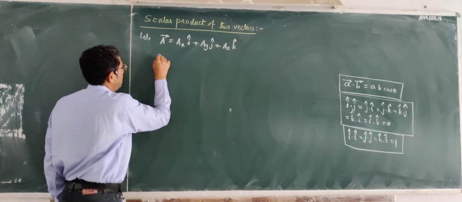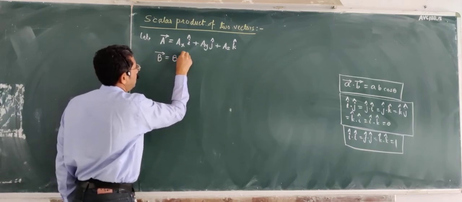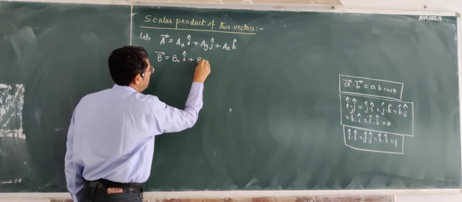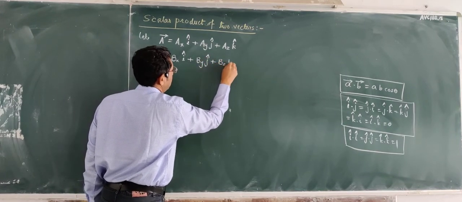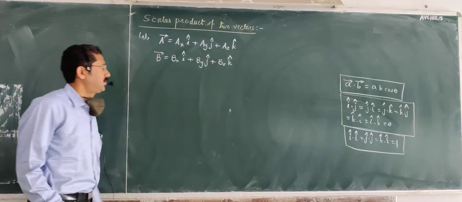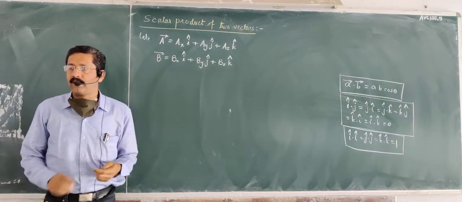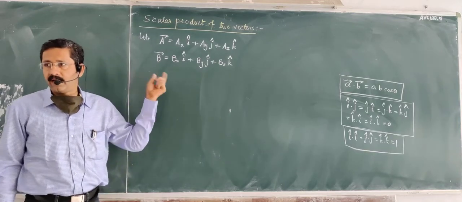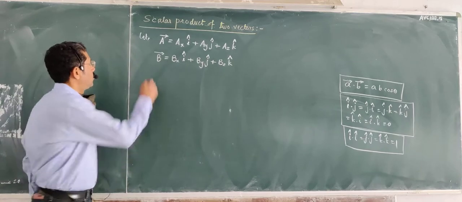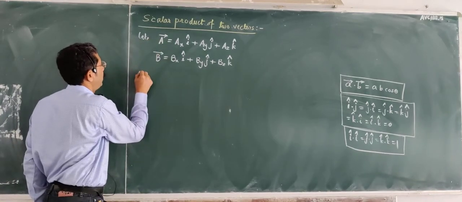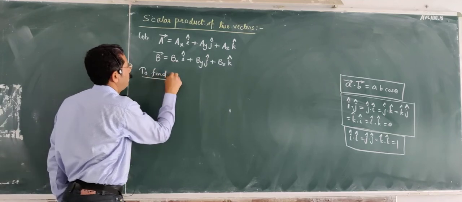And another vector, vector B, is equal to Bx i plus By j plus Bz k. Whenever I have two such vectors in the ijk format, and I want to find the dot product of A and B, I am trying to find a formula for that. So this is given to me, and I have to find what A dot B is equal to.